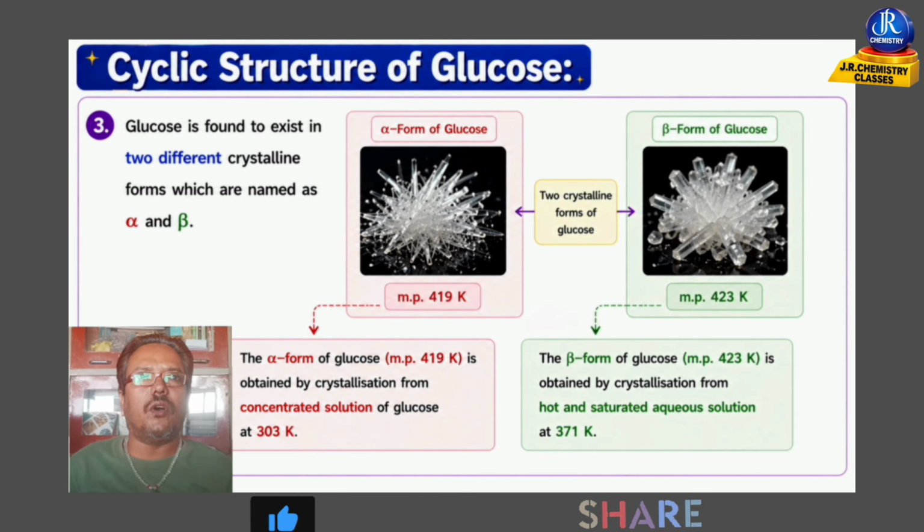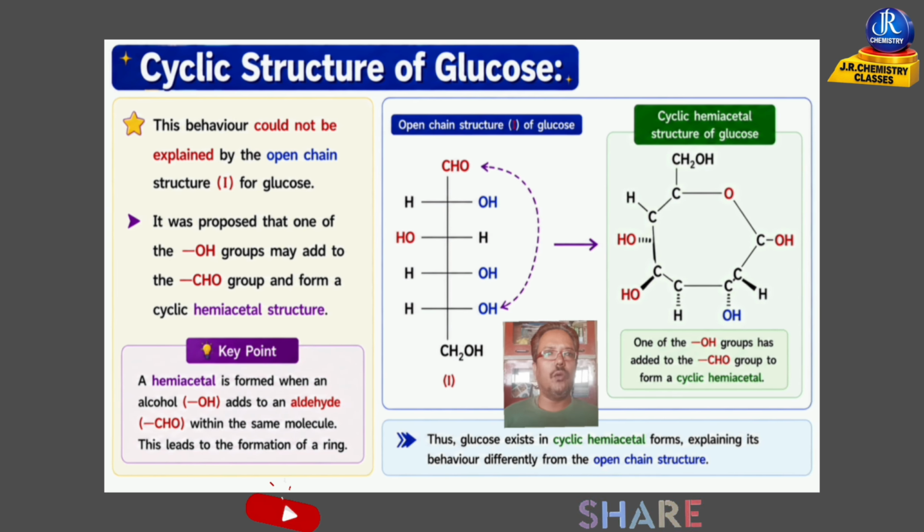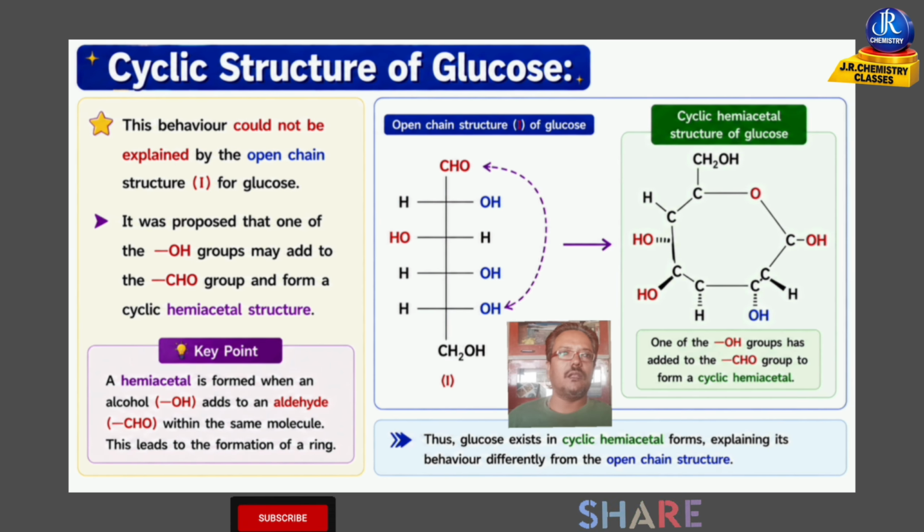The alpha form of glucose, melting point 419 Kelvin, is obtained by crystallization from concentrated solution of glucose at 303 Kelvin, while the beta form, melting point 423 Kelvin, is obtained by crystallization from hot saturated solution at 371 Kelvin. This behavior could not be explained by the open chain structure.